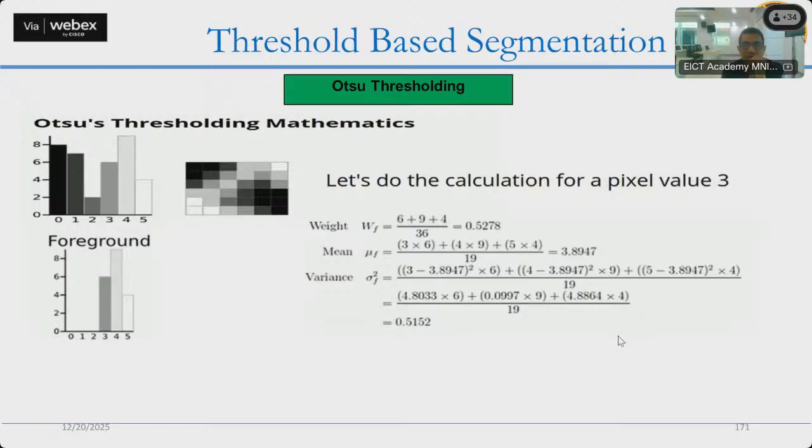So how do we do this calculation? We first check this calculation for pixel value 3. Here you need to calculate the weight.